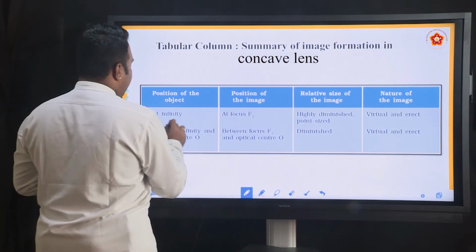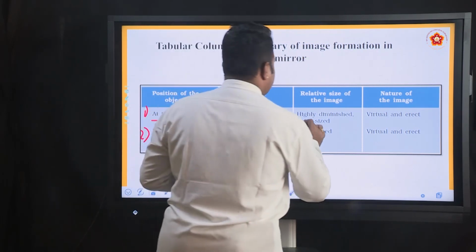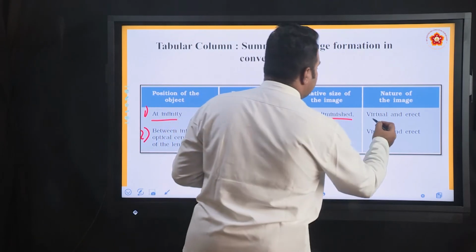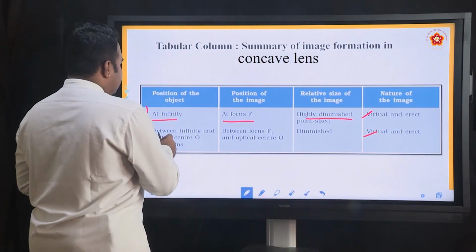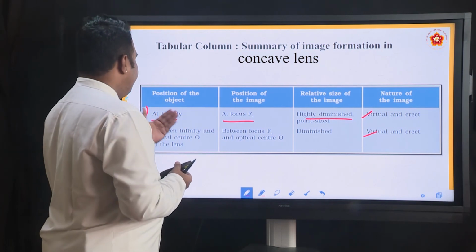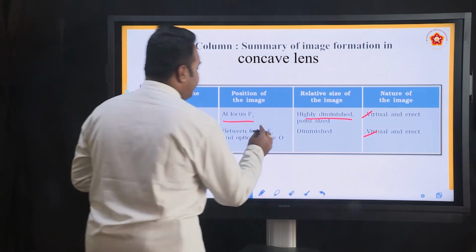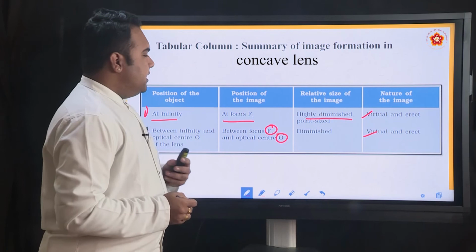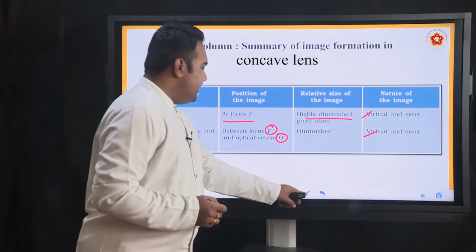Object placed at infinity, the image is formed at the focus, it is highly diminished or point sized, you can use any of these terms, it is always virtual and erect. Similarly, second case, whenever you place the object between infinity and the optical center, the image is formed between F and optical center on the same side of the lens. It is diminished, virtual and erect.